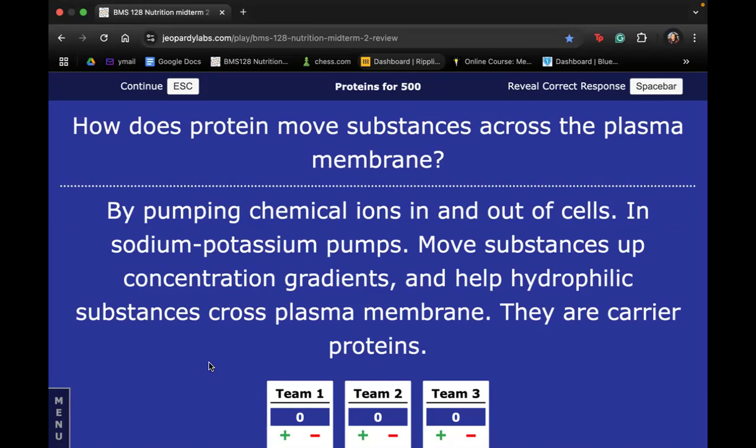Proteins are also known as receptors or transporters. So I feel like saying it as proteins is a bit confusing, but they're interchangeable. And they move substances up their concentration gradients and help hydrophilic substances cross the plasma membrane. They're carrier proteins, and sometimes they require ATP.